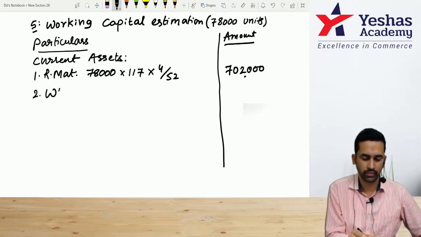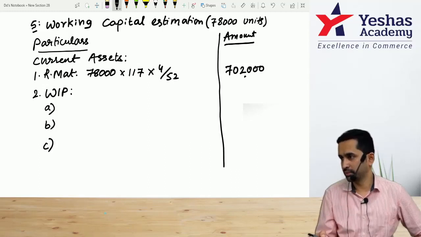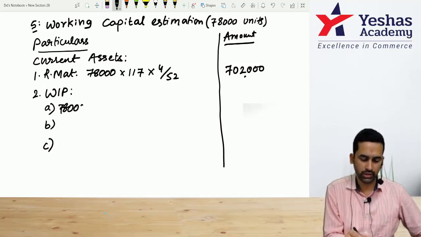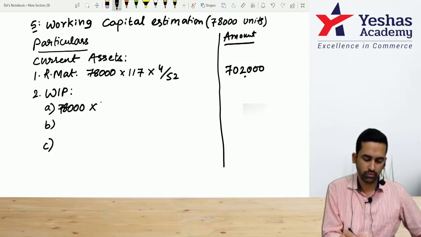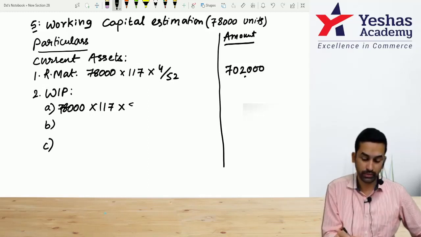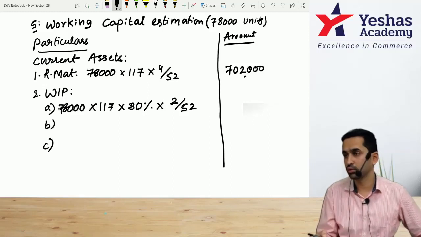Second, work in progress. Under that, I'll have to do 3 line items because the degree of completion is given separately. 78,000 units into 117 material into what's the degree of completion for material, 80%, and production will take 2 weeks time.